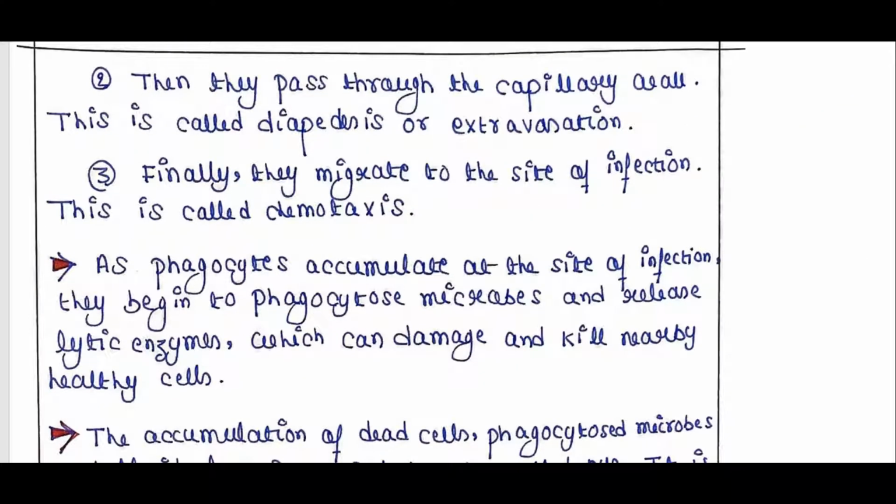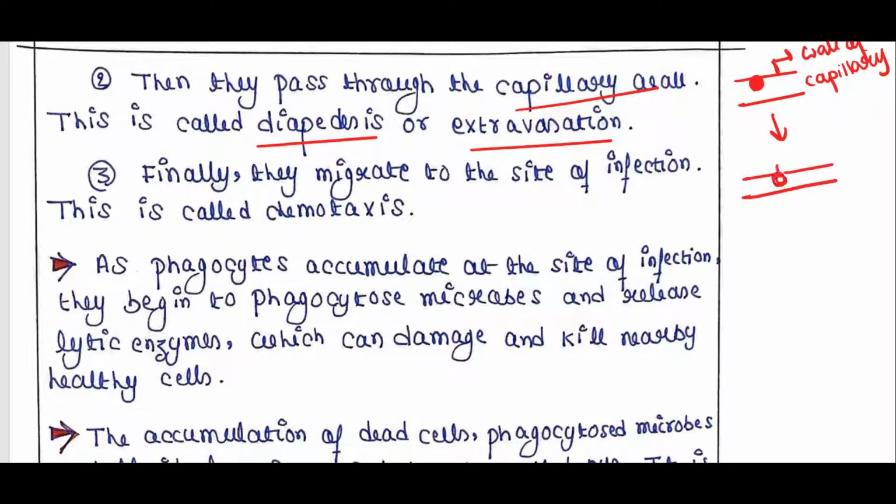Now the second step is they pass through the capillary wall. This is called diapedesis or extravasation. First, these phagocytes are adhering to the wall of the capillary. Now what will happen?